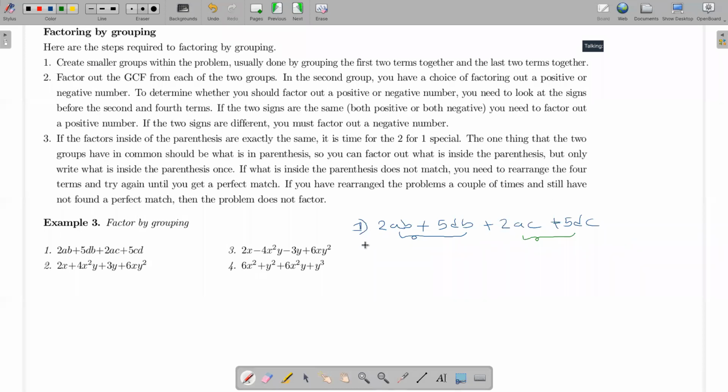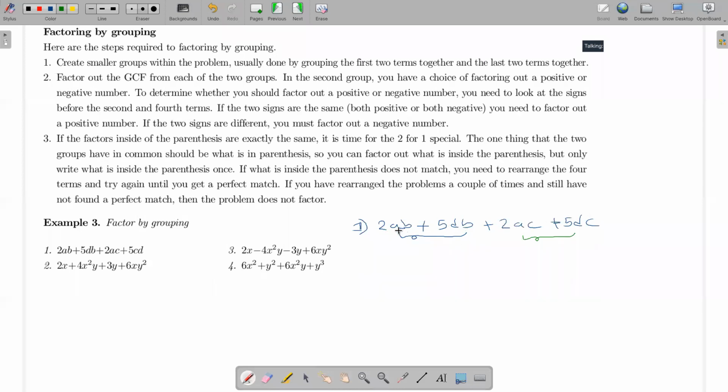Okay, after that we check for the common factors here. There is a B common to these two. The other reason is, if I look at all of them, there is no common factor, that's why I don't pull out a common factor.